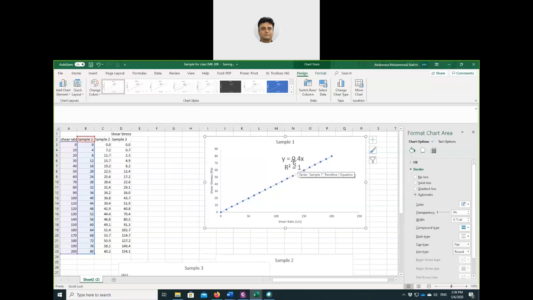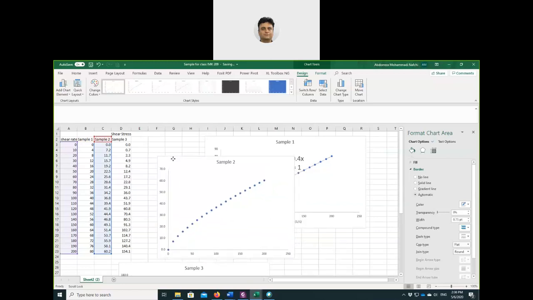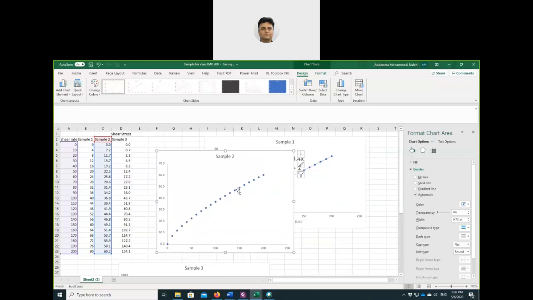The viscosity of the sample is 0.4. For the second sample, we want to find the viscosity index and the consistency coefficient.